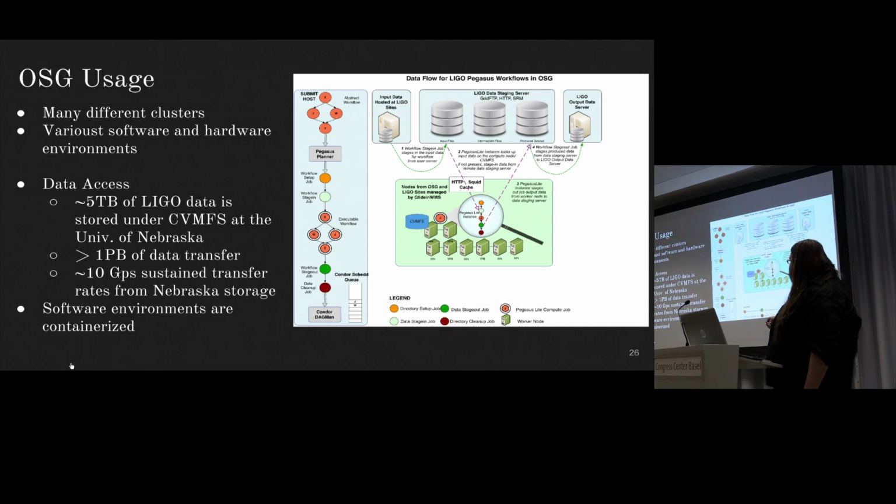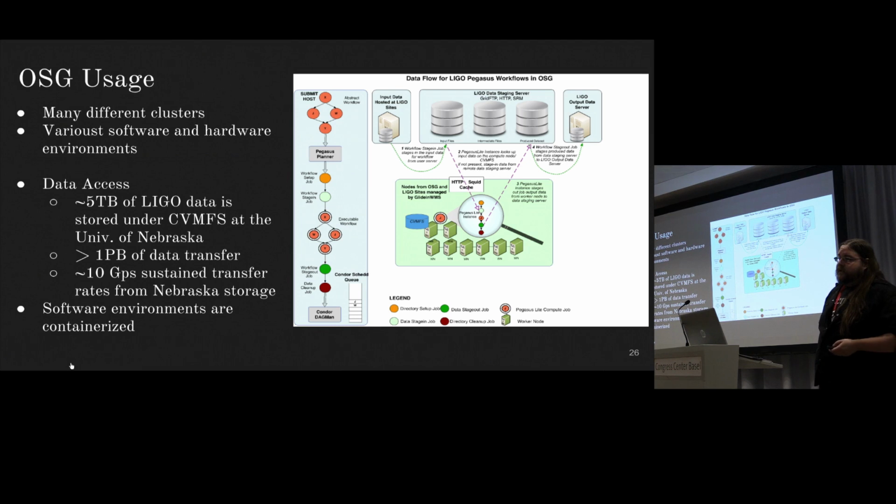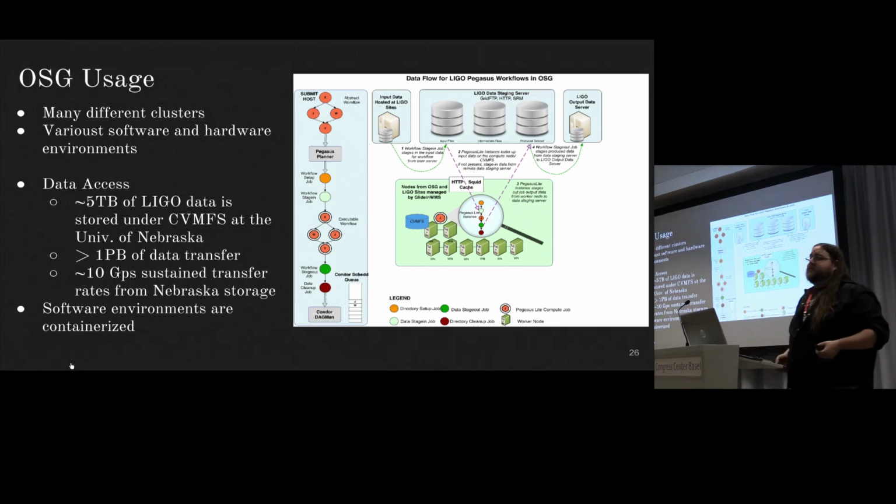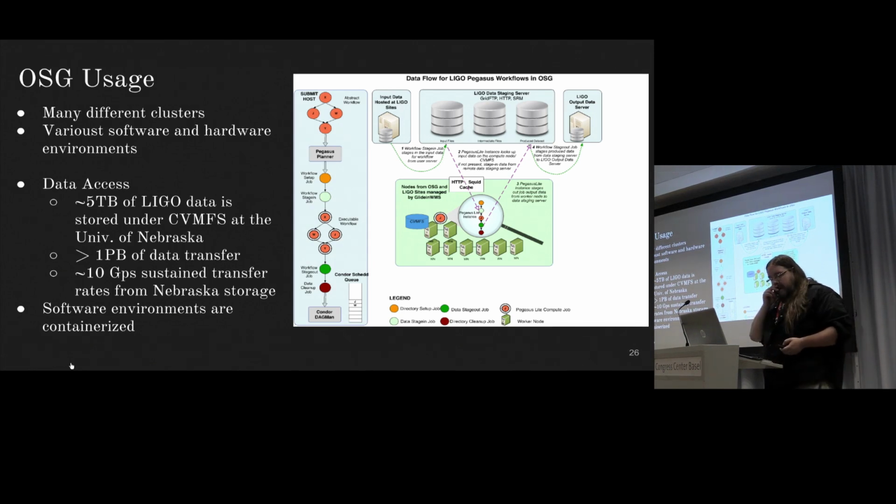What we do is transfer this to a central server, and we store it under what's called a CERN Virtual File System. We so far have clocked in about a petabyte of data transfer. This is because each of our analyses needs to access some of the data multiple times to complete its work. And we've been lucky enough that we can get away with relatively reasonable strain on that server, roughly about 10 gigabits per second sustained.